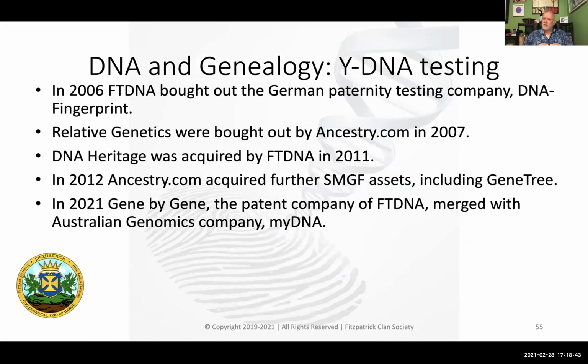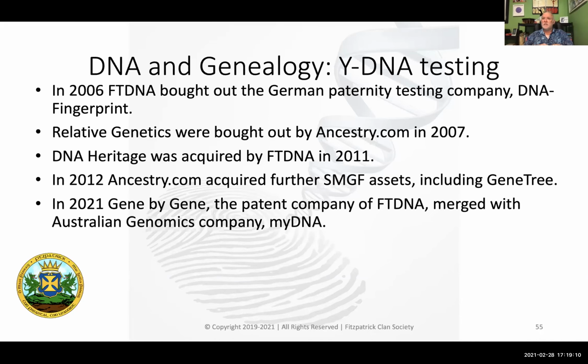And another group that you might be aware of was some German paternity testing company. I can't remember what they were called, but it was run by Astrid and Thomas Kahn, and in 2006 they were bought out by Family Tree DNA. And those two people, Astrid and Thomas, were very key in how Family Tree advanced.